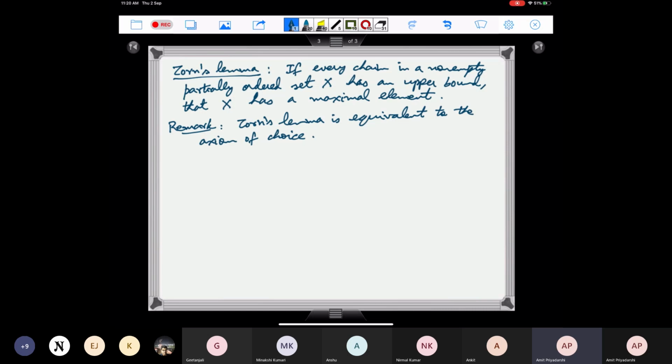So you will have to use Zorn's lemma to prove that there is a maximal linearly independent set.